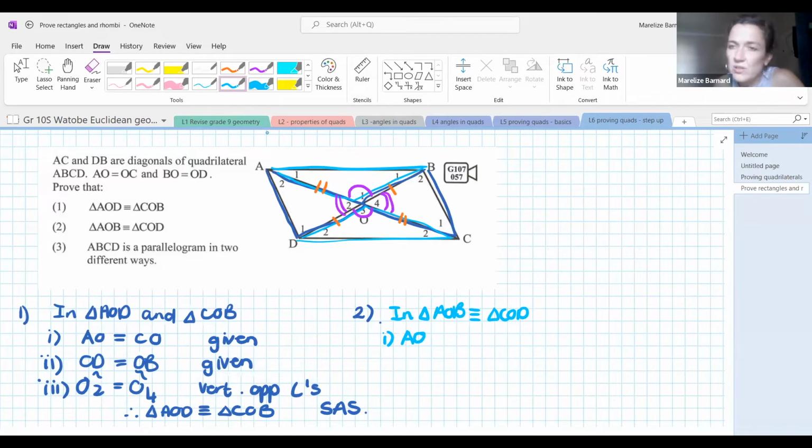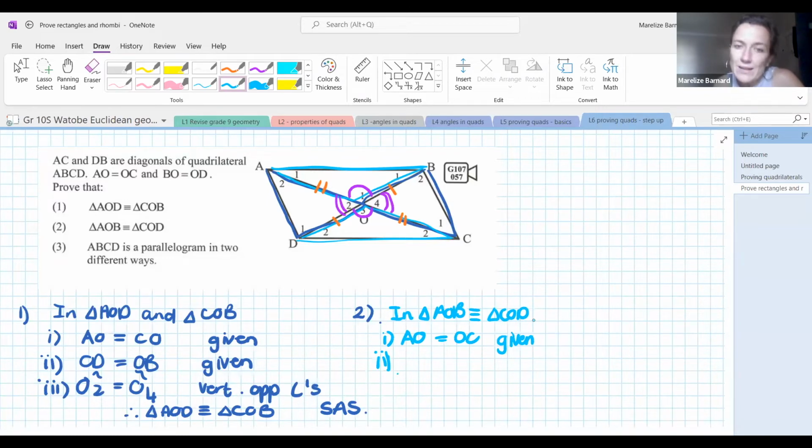It is not per se worth marks, but if your work is untidy, it means that your thoughts are untidy and that you are losing track of what's happening. So this is why we do a nice layout like this. Okay, statement, reason, statement, reason.